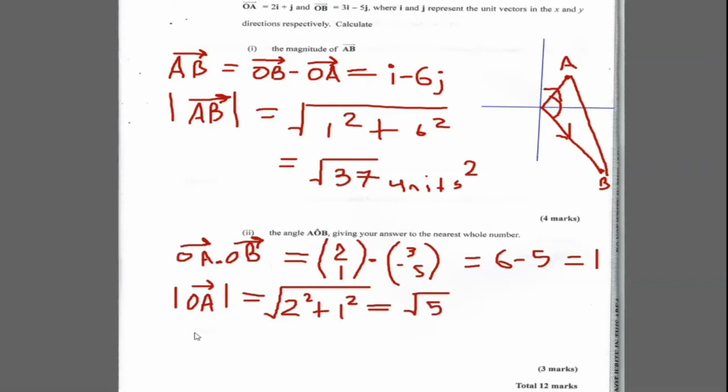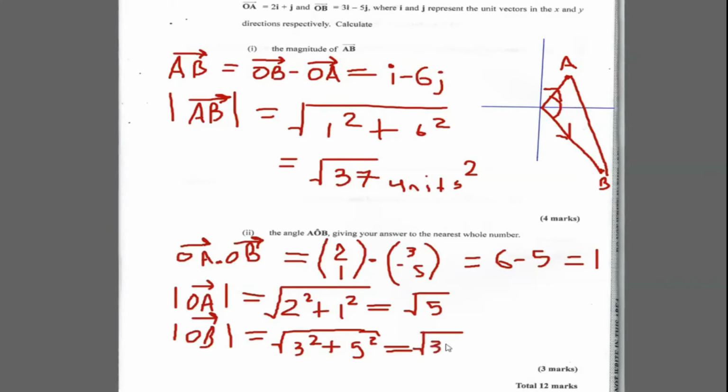Next we need the norm of OB, which is the square root of 3 squared plus 5 squared. That's the square root of 34.